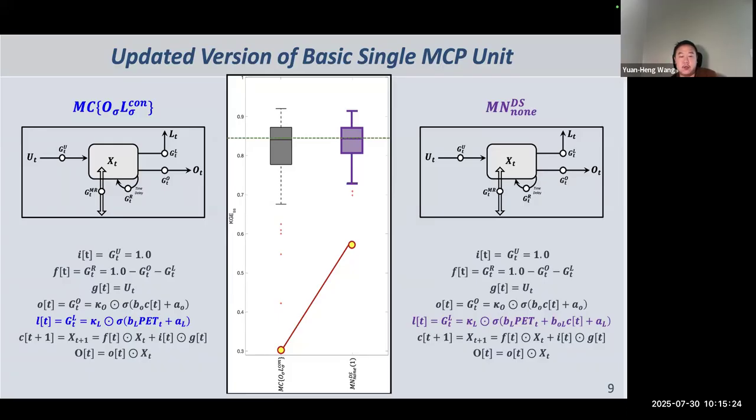So for Joseph's question, maybe we should put in a more generalized function. But the goal here is really, we try our best to maintain parsimony, so we just keep the simplest assumption. And the reason why we put the cell state into the loss gate is because the system loss should not only depend on the PET, right, but also should depend on how much water is in the tank in the system.